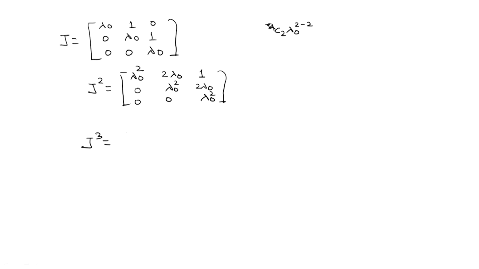If someone asks J cube, in the same way now n will become 3. So, lambda 0 cube, 3C1 will become 3, lambda 0 with power 3 minus 1, that is 2, then next will be 3C2, which again will become 3, and then lambda 0 raised to power 3, 3 lambda 0 square, 0, 0, lambda 0 raised to power 3.